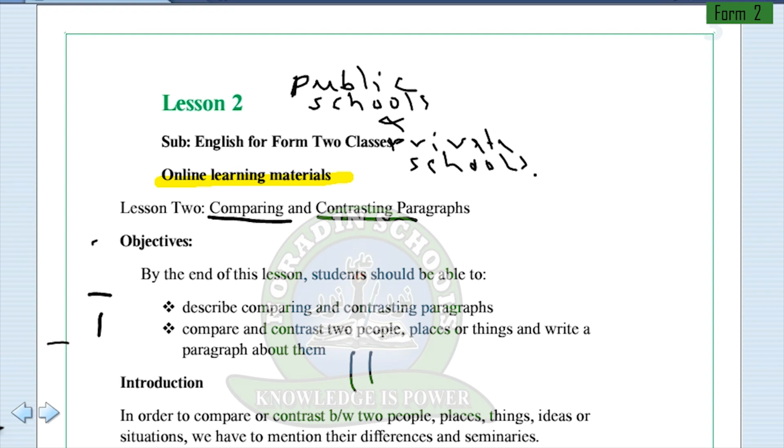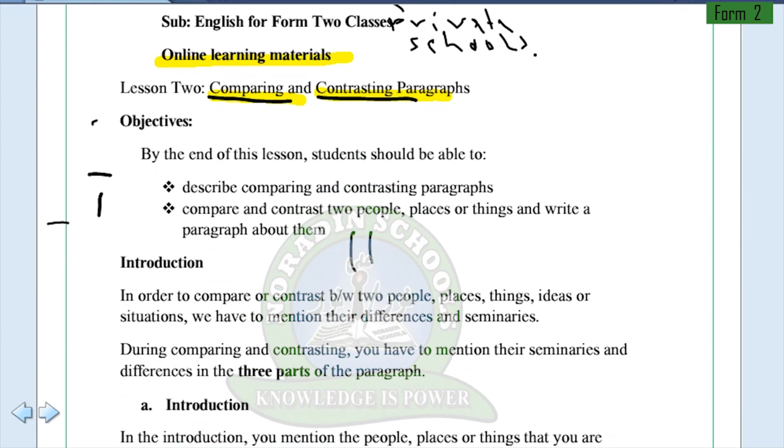Okay, let's come back to our lesson. Here, we are comparing and contrasting two things, two people or two places. Before we get to the objectives, these are the aims. If you know the result of something, you will be aware of what is needed.